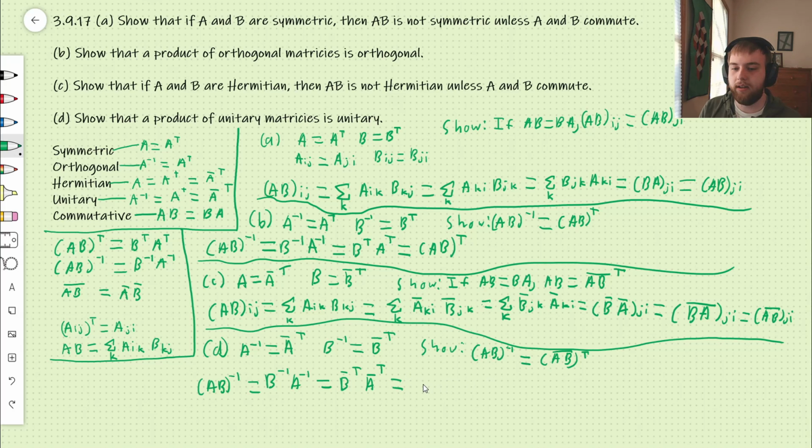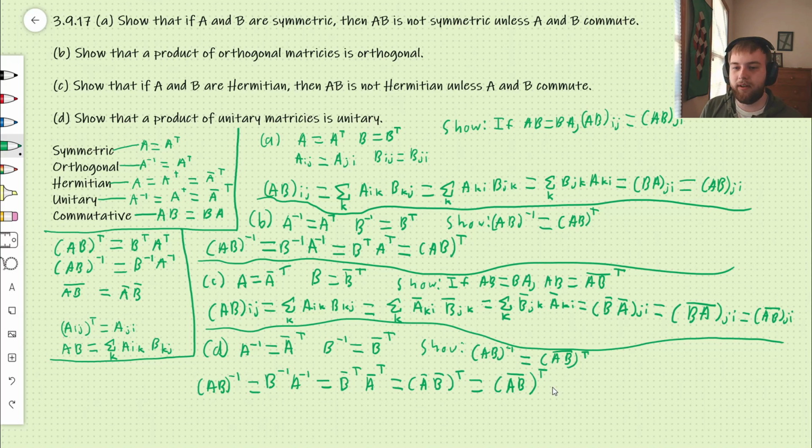Furthermore, by this formula, we can rewrite that as (A complex conjugate times B complex conjugate) transpose. Finally, by this middle formula here, we can extend the bar across both of them. And this is what we wanted to prove.